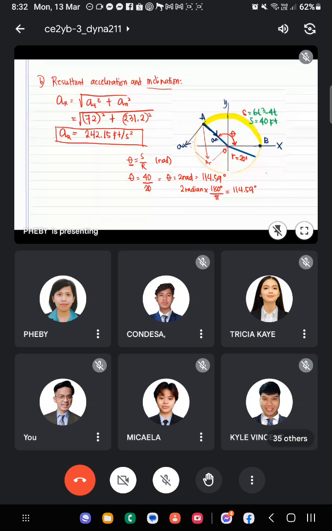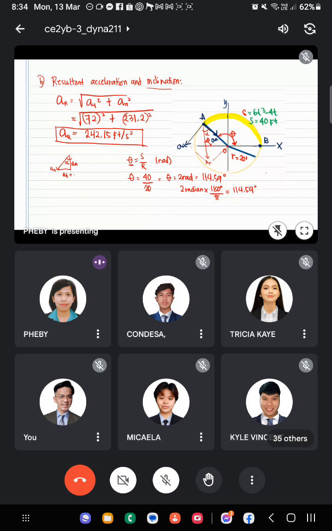So we have alpha. We find its inclination, so this will be its inclination. Let us take pi as its inclination. Okay, so this is our right triangle. This is our AN or normal acceleration. We have alpha, and we have AT and AN.